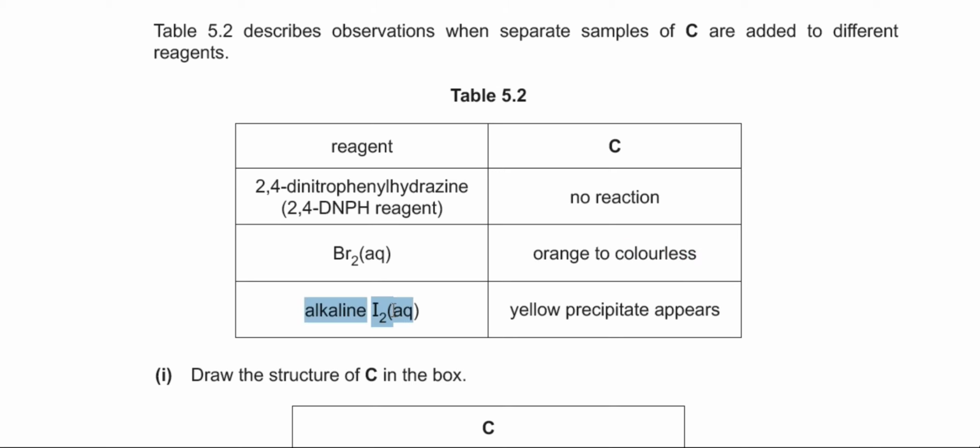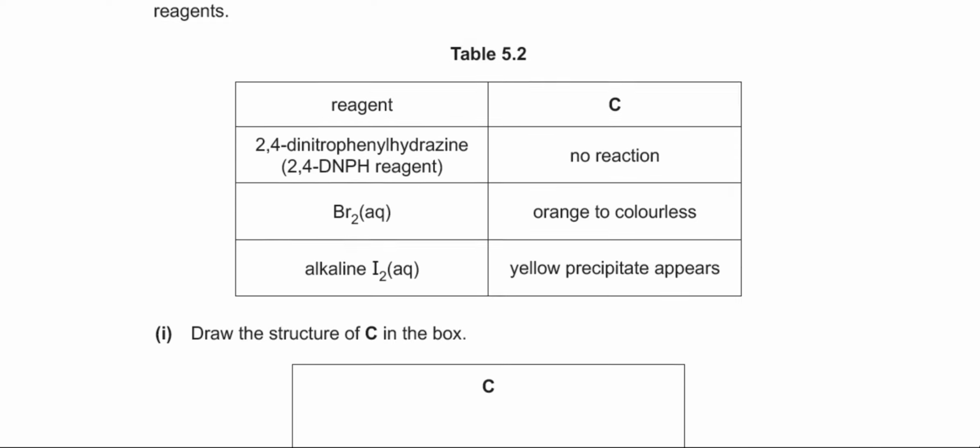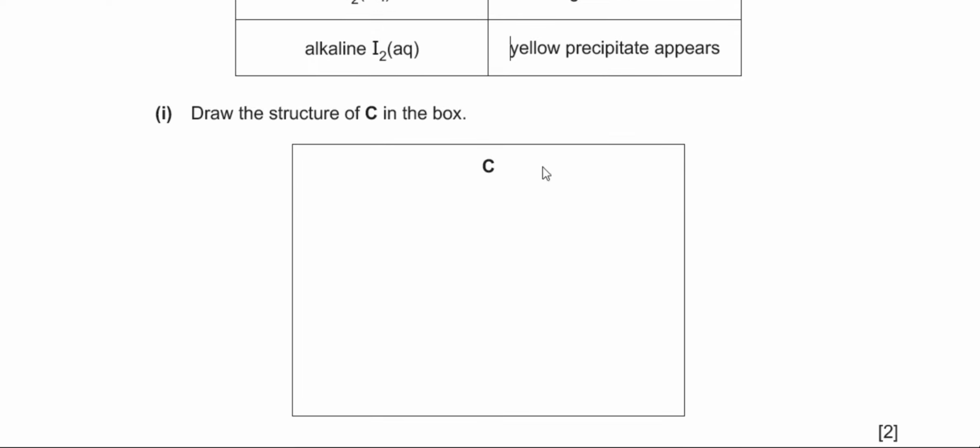Then alkaline aqueous iodine, as I clearly mentioned, is used to check the presence of CH3C=O. This time I cannot say the carbonyl group is attached to the second carbon atom; we can say the oxygen atom is connected to the second carbon atom. So it is a secondary alcohol.